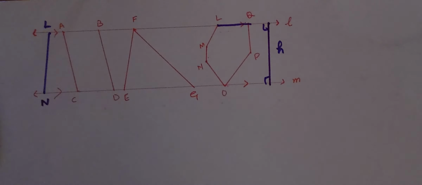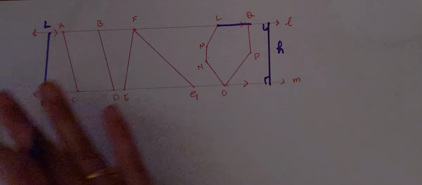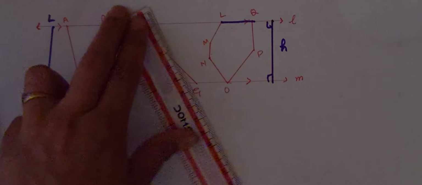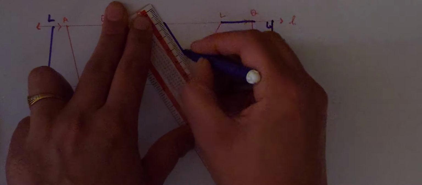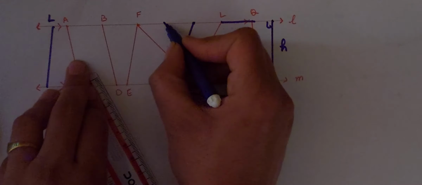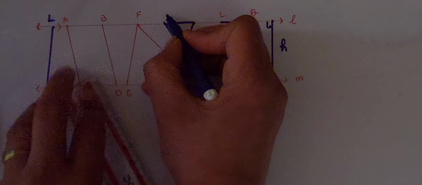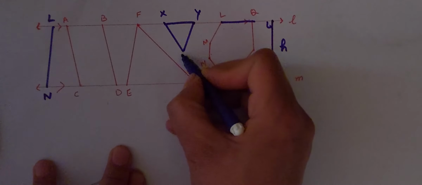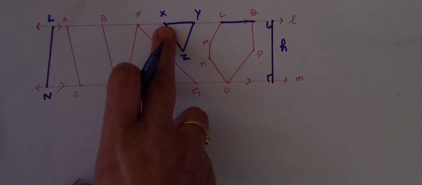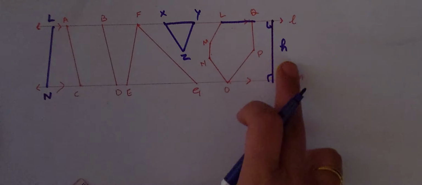So what I'm trying to teach here is that the height of all of these polygons is the same. Suppose I have one more triangle here, and let's call it XYZ. So the base is XY, but is the height of this triangle H?